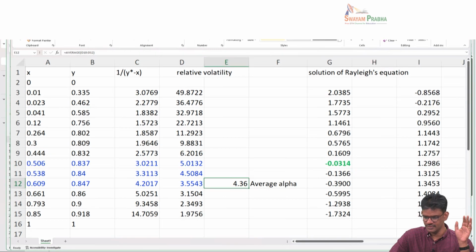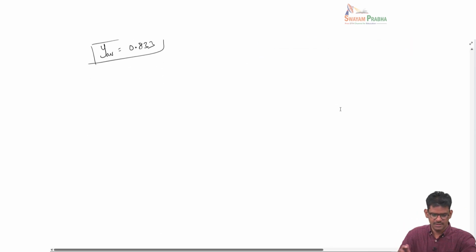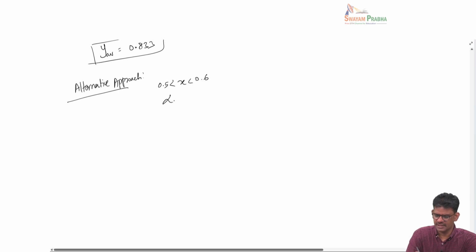Okay, so we'll go back here. So this is an alternative approach. We say that for x in the range of 0.5 to 0.6, alpha is nearly constant, about 4.36 I think.